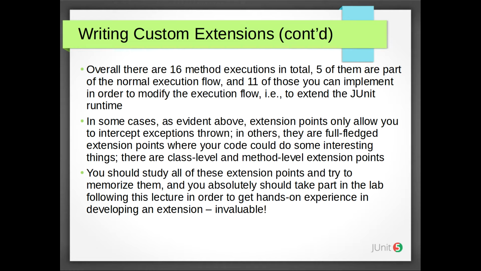So out of the 16 points, 4 of them are lifecycle methods, 1 of them is the actual unit test method, and 11 of those are extension points. So in some cases, as evident above, extension points only allow you to intercept exceptions thrown. In others, they are full-fledged extension points where your code could do some interesting things.